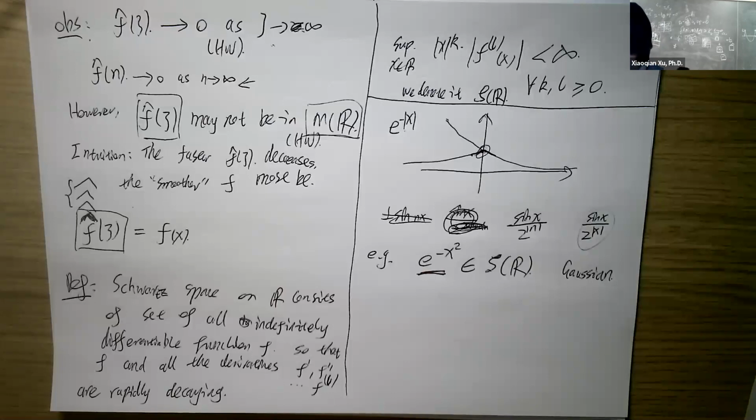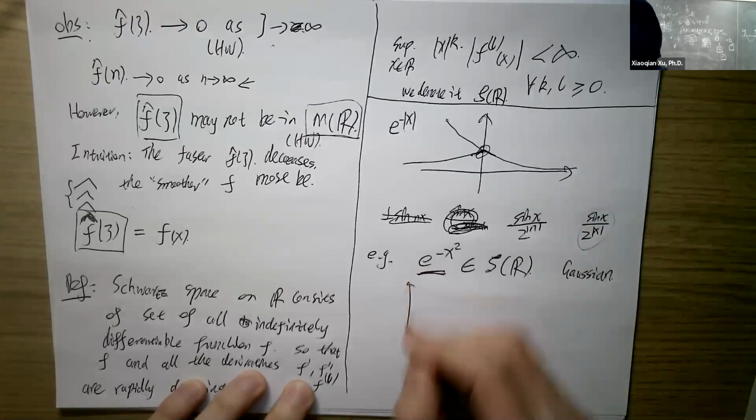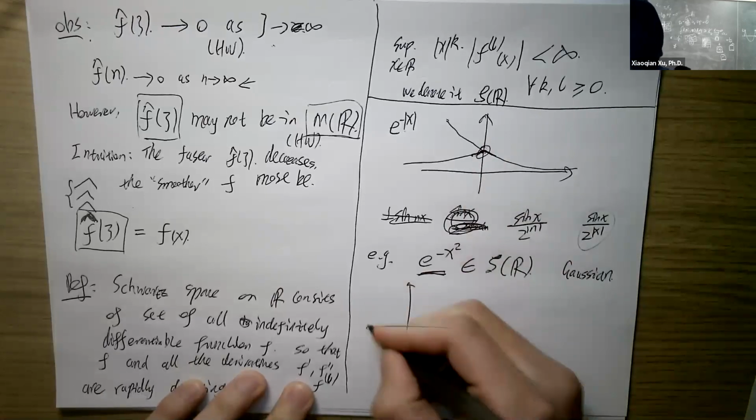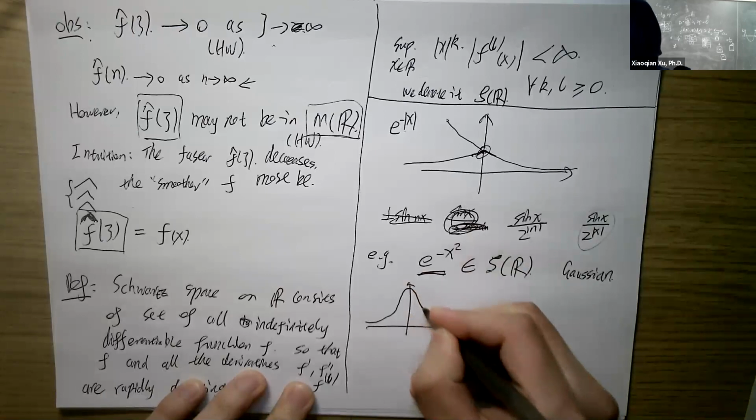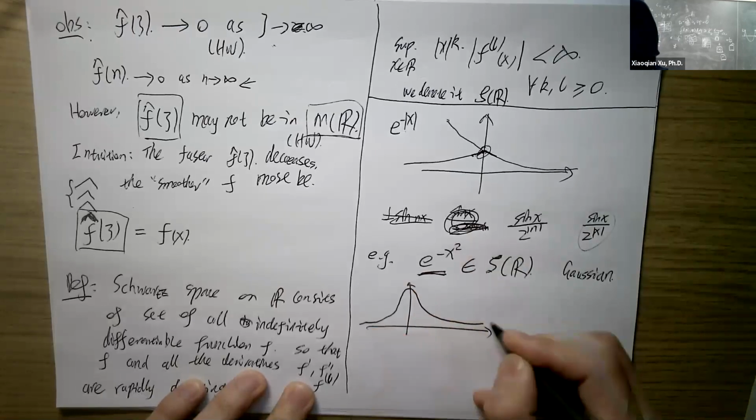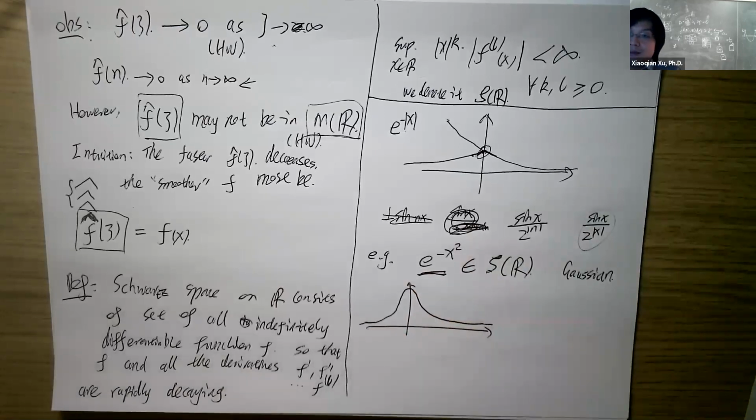And this function looks like exactly what we want. It has some concentration here, and it has decay at infinity. So this is an example of a Schwartz space function, or Schwartz function.